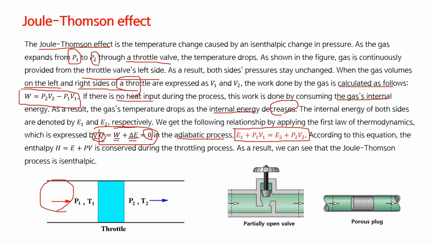So according to this equation, the enthalpy, given by the sum of energy plus PV, is conserved during the throttle process. As a result, we can see that the Joule-Thomson process is isenthalpic.